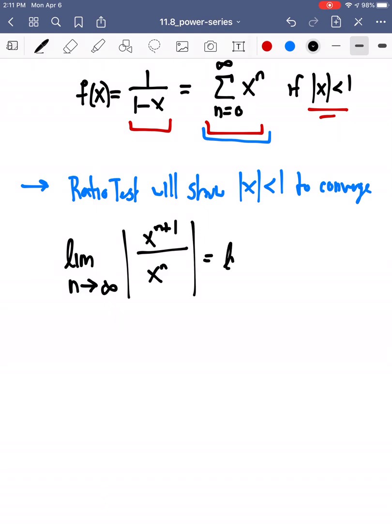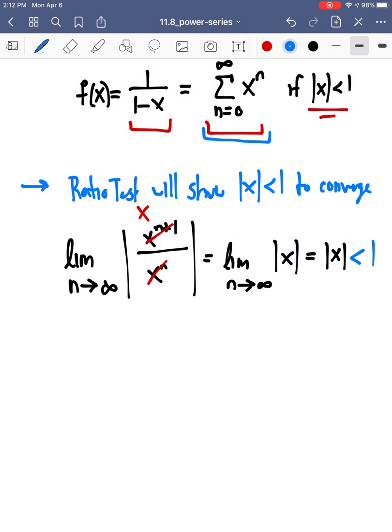Well, this is equal to the limit as n goes to infinity of just the absolute value of x, after we cancel out factors of x to the n in both the numerator and denominator. And well, what we need this limit to be is less than 1. But this limit, since it doesn't depend on any n's anywhere, is just equal to the absolute value of x, which we need to be less than 1 in order to converge.